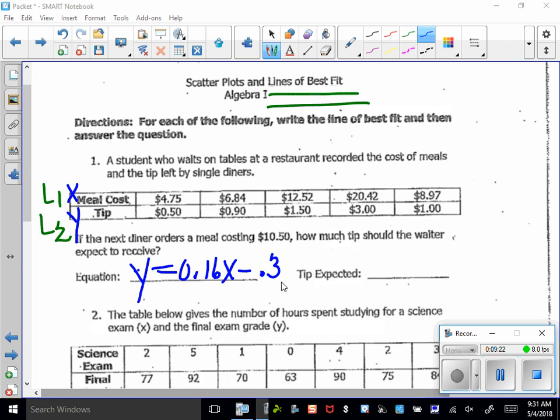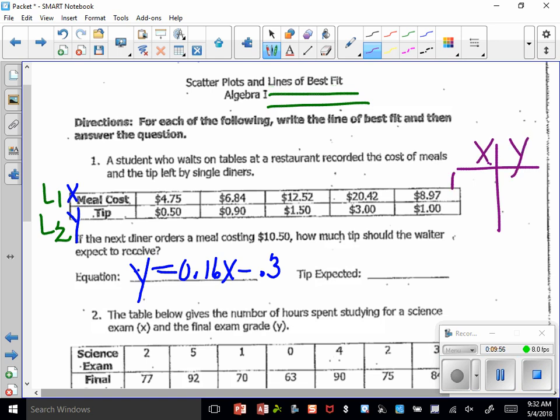So since I know I can find Y on the calculator, I hit my Y equals key. I'm going to type in, and we can do it 2 ways. I'm going to actually type in 0.16x minus 0.3. Everybody type that into the Y equals. Hit your Y equals key, put in 0.16x minus 0.3. Okay. Now what you're going to do, you're going to change your table.